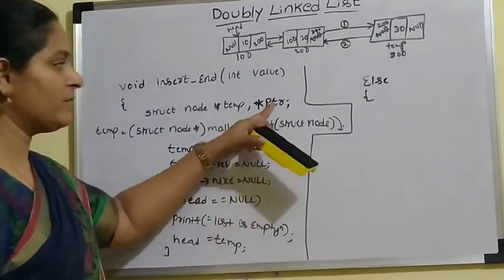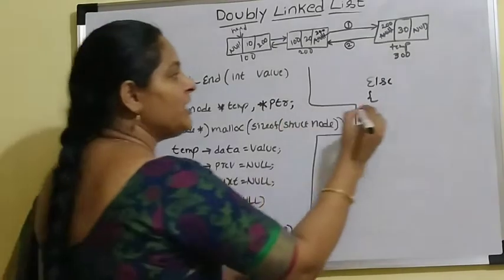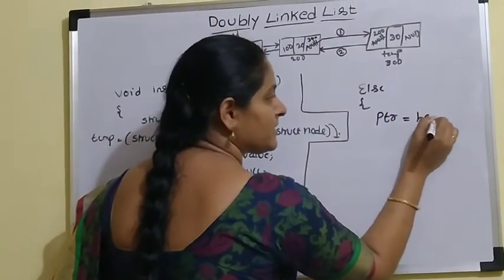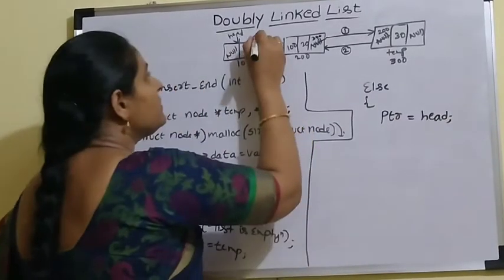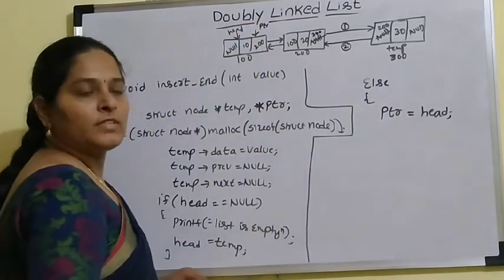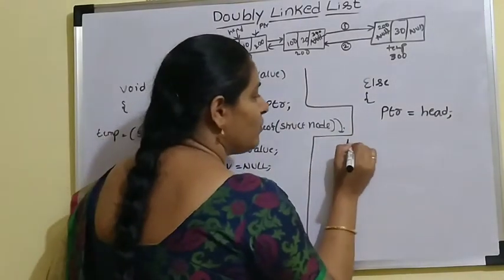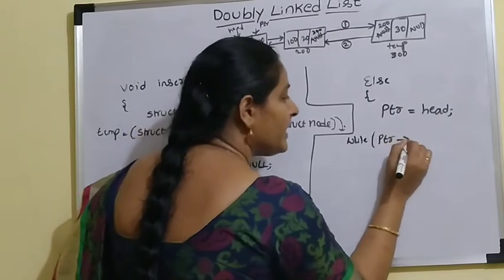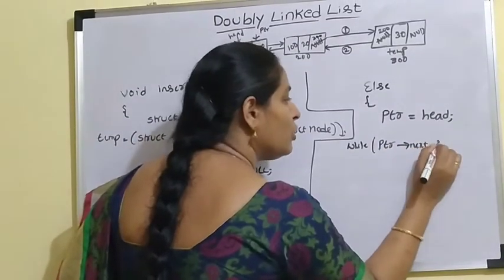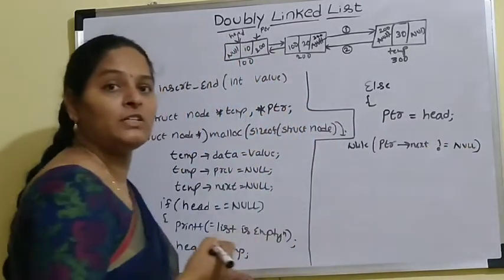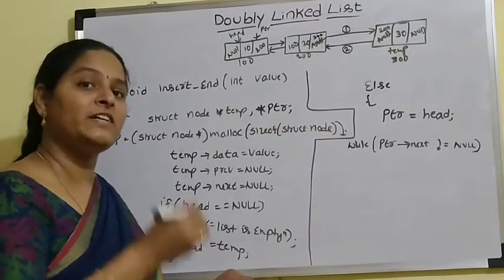Here I am taking one pointer, PTR. Initialize this PTR with the head address. That means place your PTR in the first node position. Now start comparing. While PTR next is not equal to null.